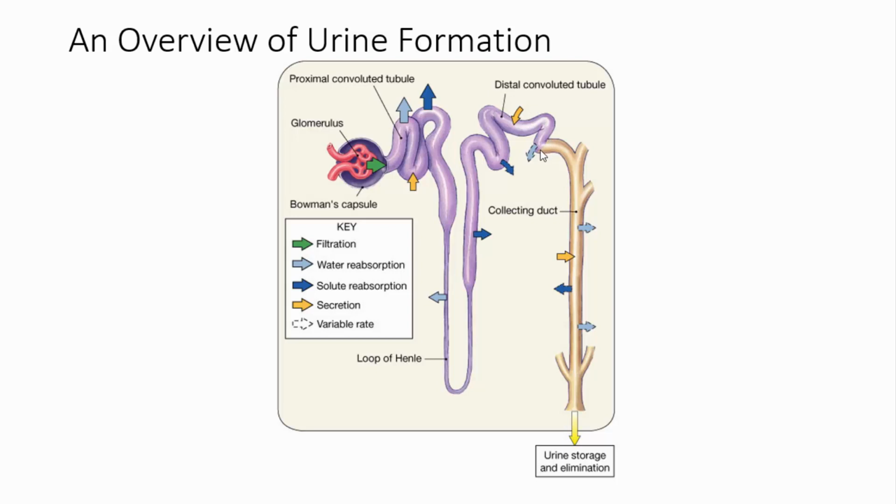And we can have some water reabsorption in the collecting duct, depending on whether or not the hormone ADH, antidiuretic hormone, is present. If it's present, then we're going to get more water reabsorbed back into the tissue and then into the bloodstream than if we don't have ADH.